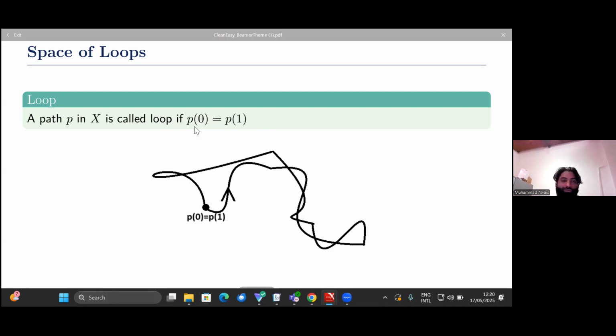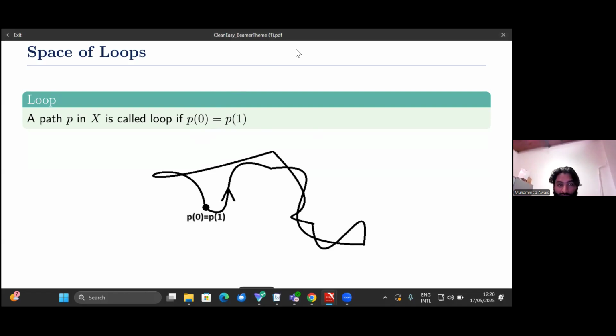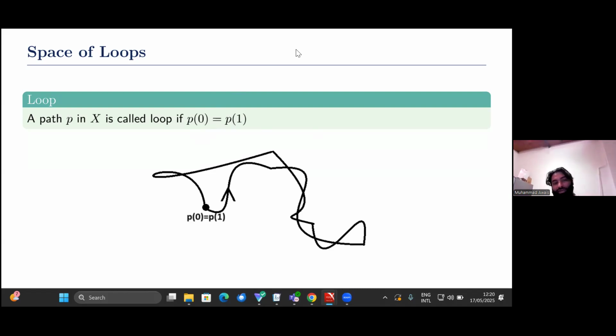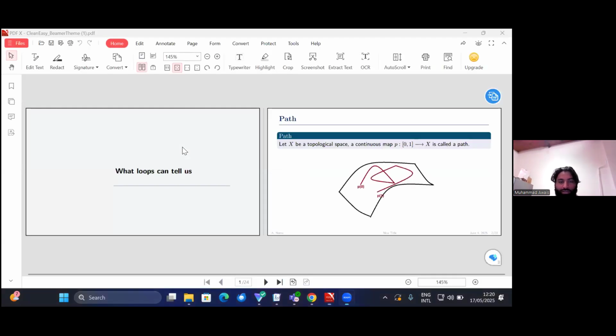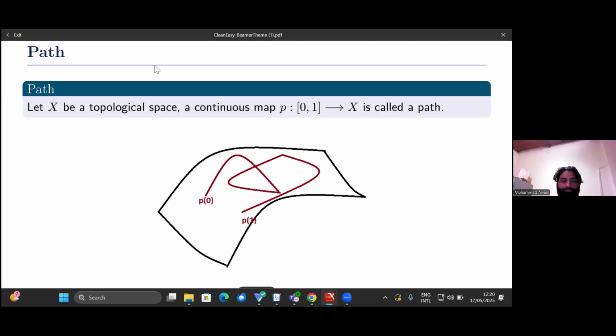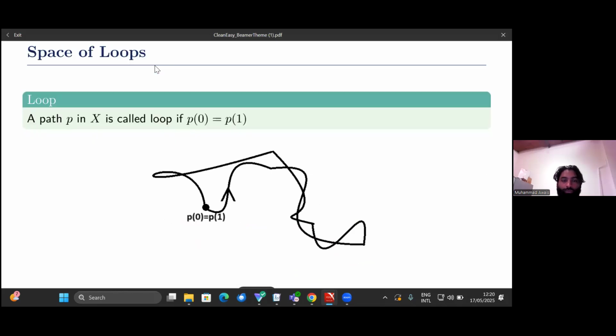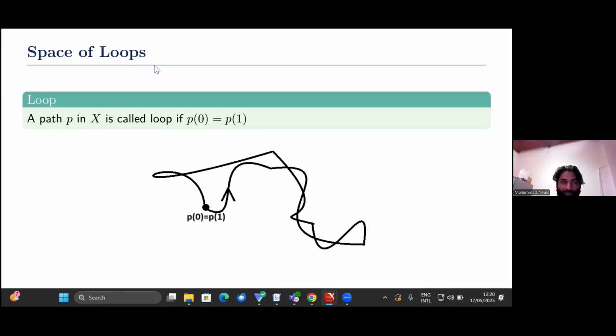So the definition of loops is here: a path whose starting and end points are the same is called a loop. One can see the picture here. By definition, this is a path, but this kind of path we treat specially, and we call them loops.